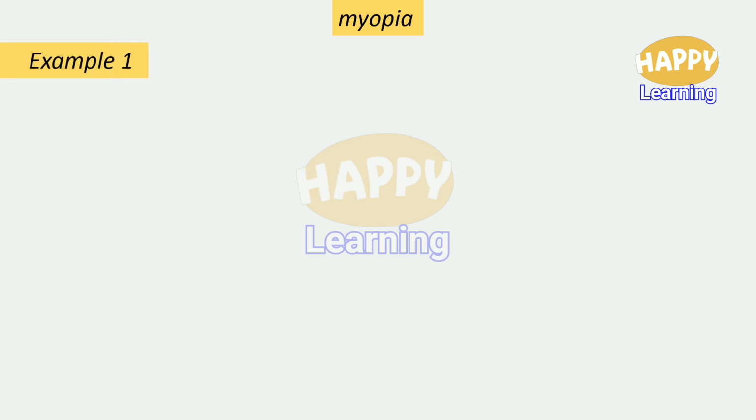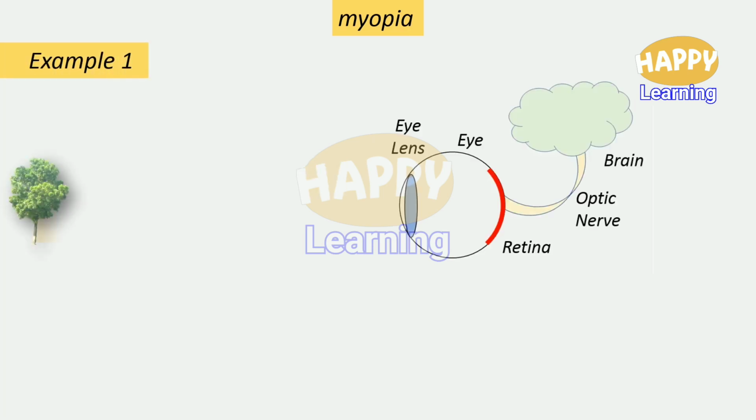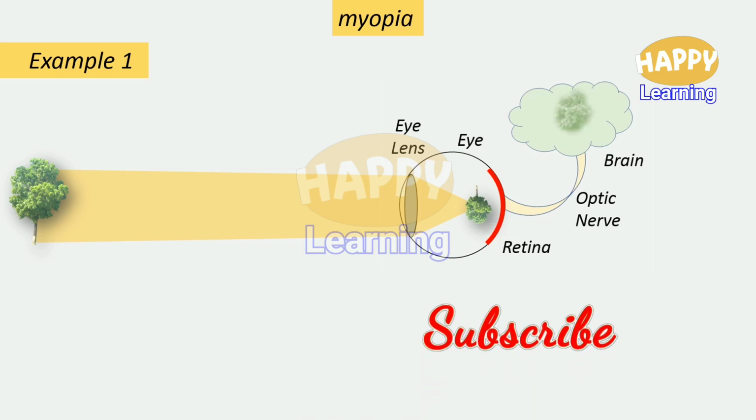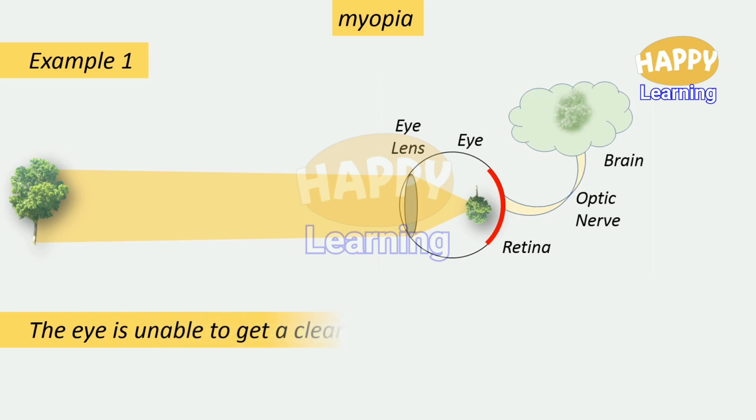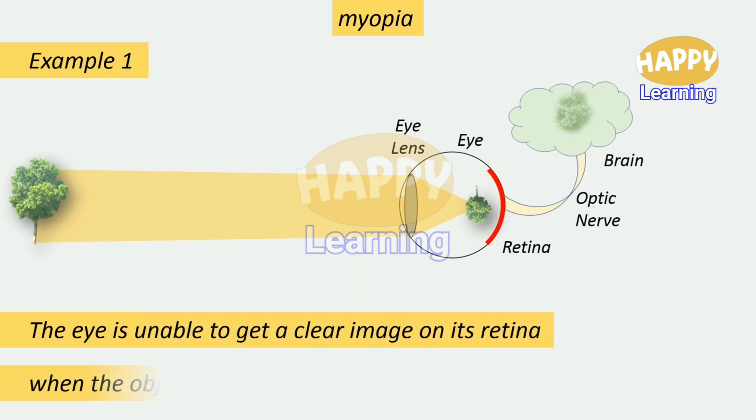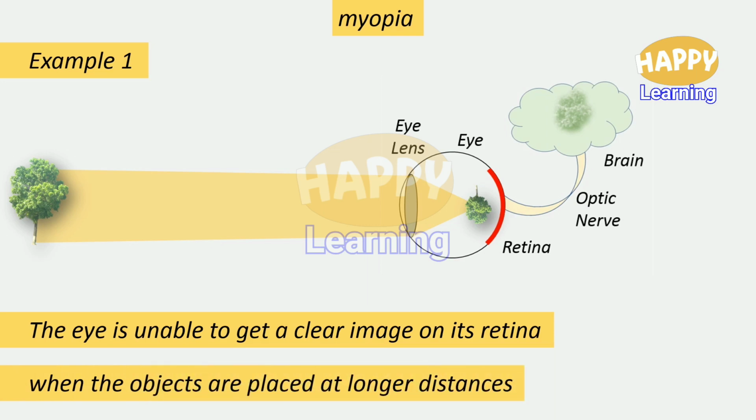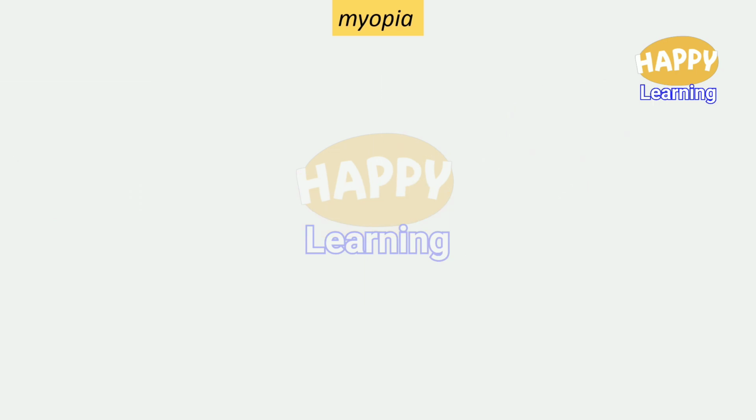Example 1. This is an eye. There is an object in front of the eye, at a relatively larger distance. So the picture is formed before the retina and the brain reads a blurred image. The eye is unable to get a clear image on its retina when the objects are placed at longer distances.